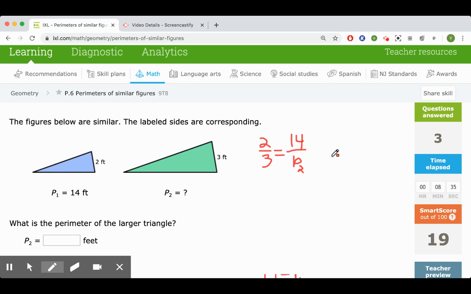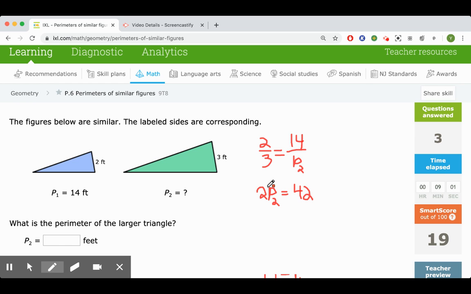So we have our proportion. Let's cross multiply. 2 times p sub 2 is 2p sub 2. 3 times 14, that's 42. These are the cross products and they're equal.